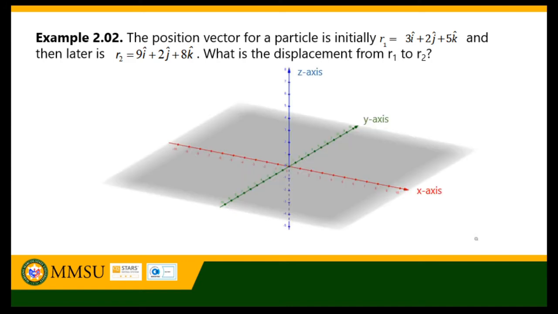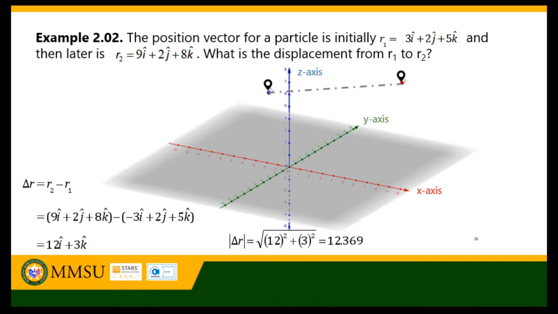For us to visualize the position of the particle, we will be needing a three-dimensional coordinate system with x, y, and z as its axes. The locations are shown using the GeoGebra app. The displacement of the particle is just a straight line connecting position r sub 1 to position r sub 2. For us to determine the displacement of the particle, we need to subtract the positions of the particle by its components.